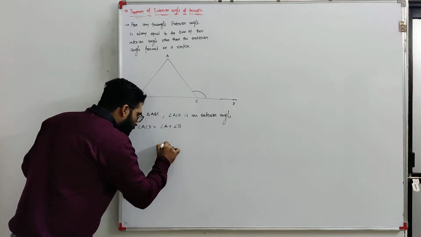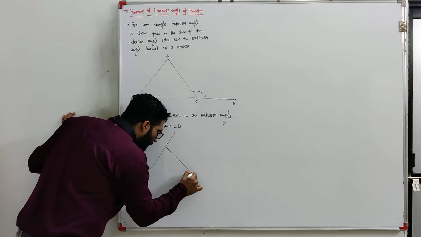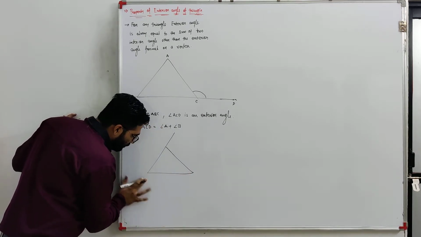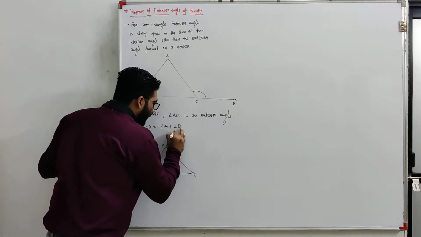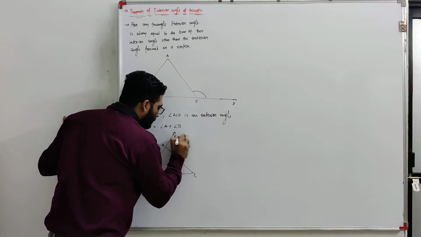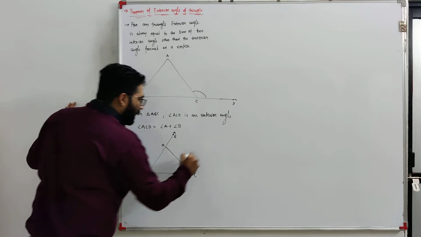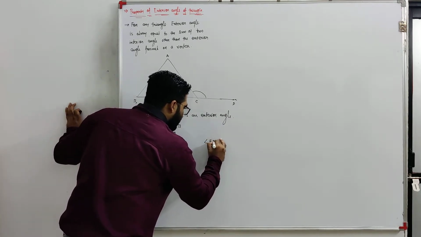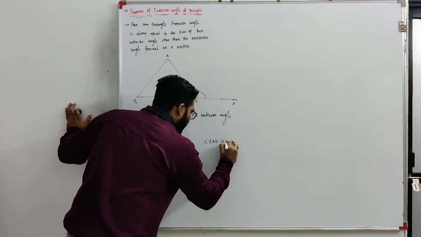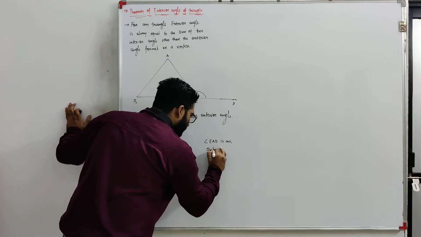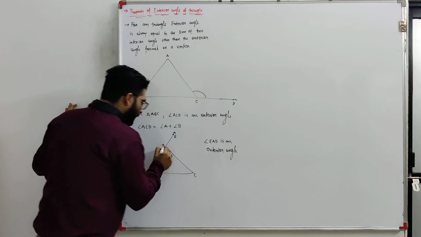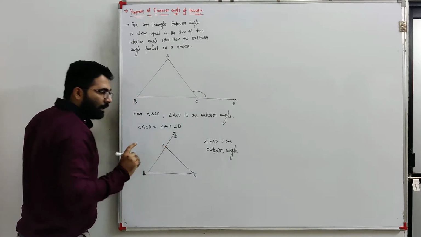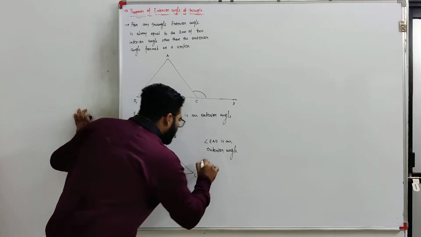Same way, if I draw the exterior angle on A, for triangle ABC, if I draw that E, so here I can say that angle EAD is an exterior angle. Therefore, now it is produced at the vertex A. So angle EAD is equal to what?